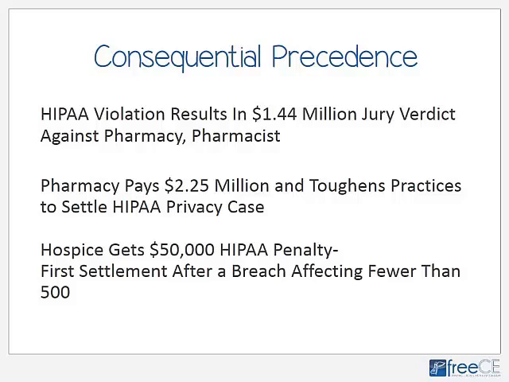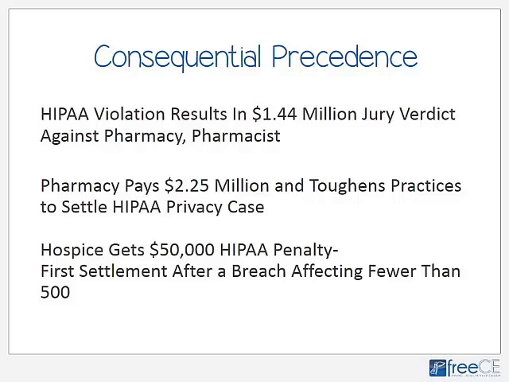The stolen laptop was assigned to a hospice nurse and part of an inventory of laptops used by nurses, social workers, and other workers for field work. The laptop was stolen from the employee's car while parked at her home on the weekends. The OCR investigation determined that the hospice had not conducted a risk analysis to safeguard electronic protected health information, and further, hospice did not have in place policies or procedures to address mobile device security as required by the HIPAA security rule.